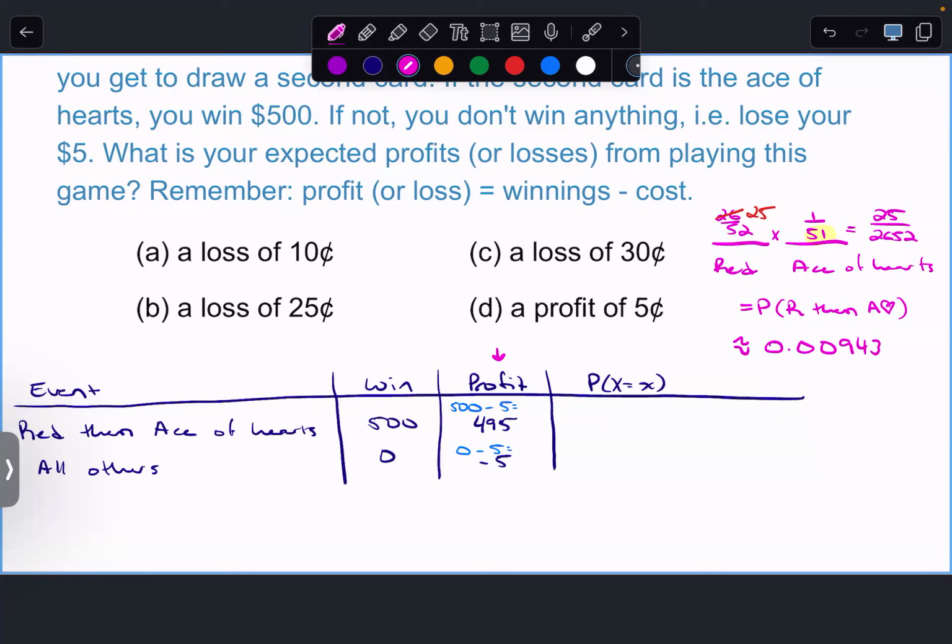So then the probability of actually getting those $495, it cost you $5, is 0.00943.